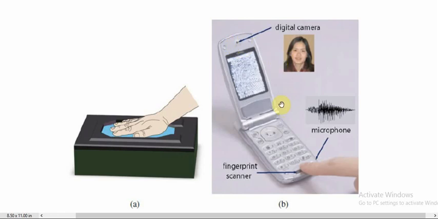Also, the microphone can capture the voice, and all of these three biometric traits can be used to identify the person. Or in this image, a whole hand scanner is used, so it can simultaneously acquire palm print, fingerprint, and the hand geometry or hand shape of a person, and use all of these biometric traits to establish the identity.